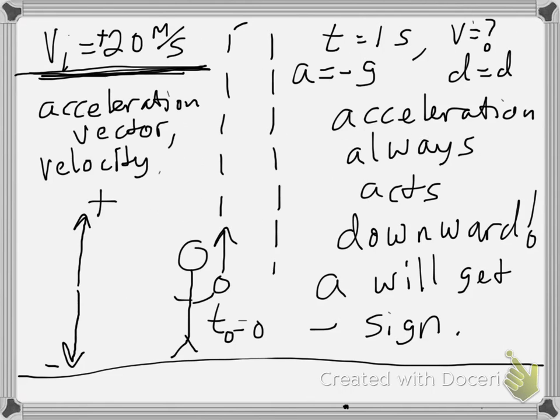So after 1 second, let's say it's right here, then its velocity will be half of what it was before. So down here, our velocity was 20, and right here, our velocity is going to equal 10.